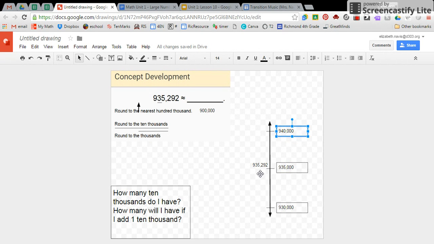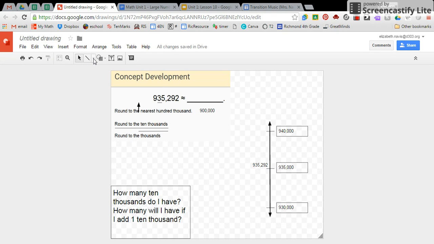My next step was to place my number 935,292 on the number line. If you notice, this is very close to 935,000, but 935,292 is 292 greater than 935,000. So I'm going to put it just above the midpoint.